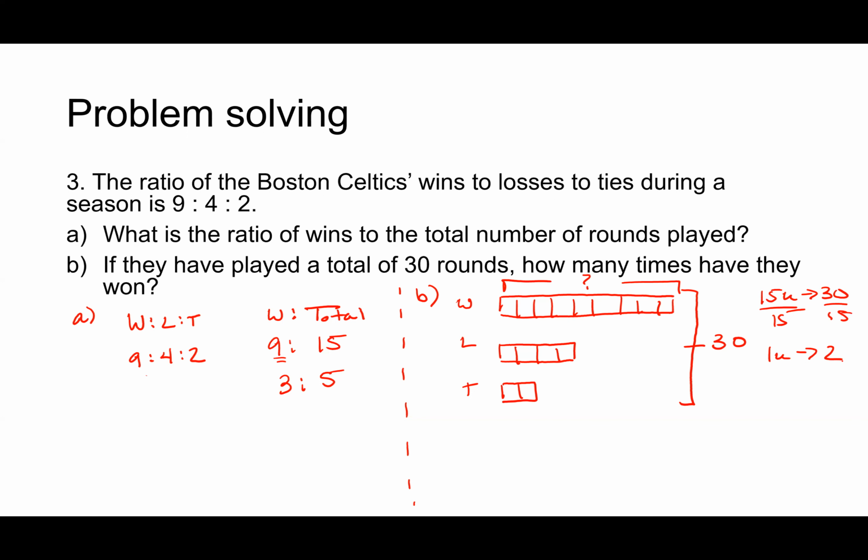How many times have they won? Mateo, nice job. Solve for 9 units, so that's 18 times. Woohoo, that's a long season, isn't it? Is it really? 82 games? Man, I'm kind of glad we don't have that kind of season in high school.